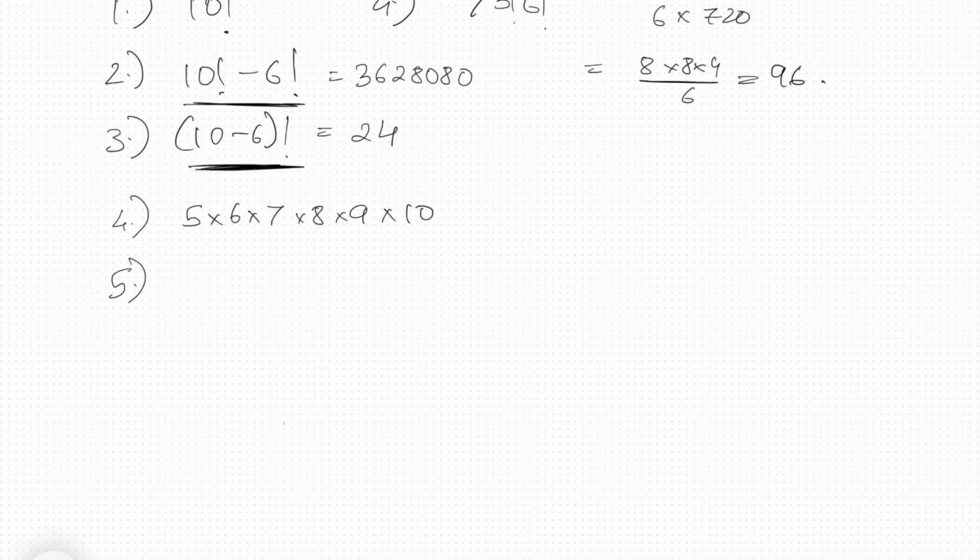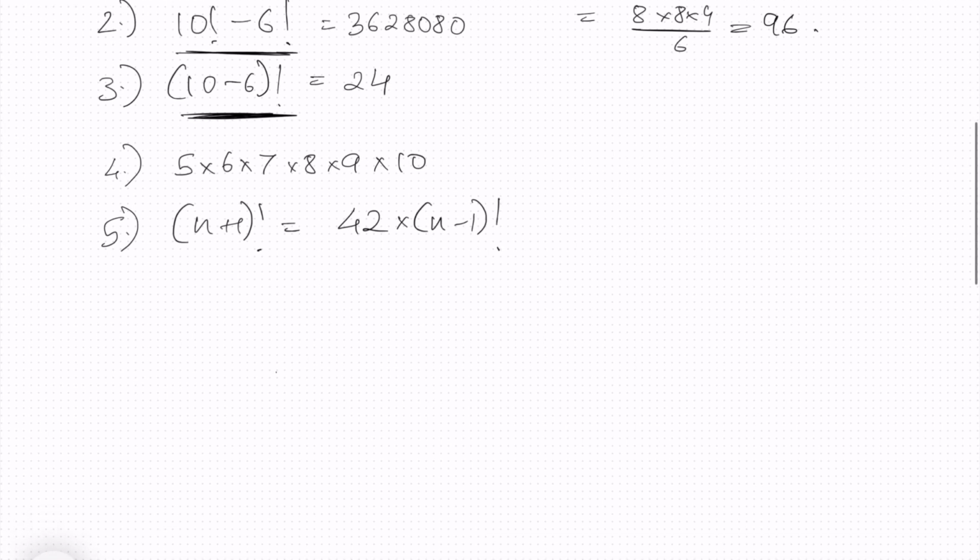Now involving a few more problems about algebraic manipulation. So find n if n plus 1 factorial equals 42 into n minus 1 factorial.